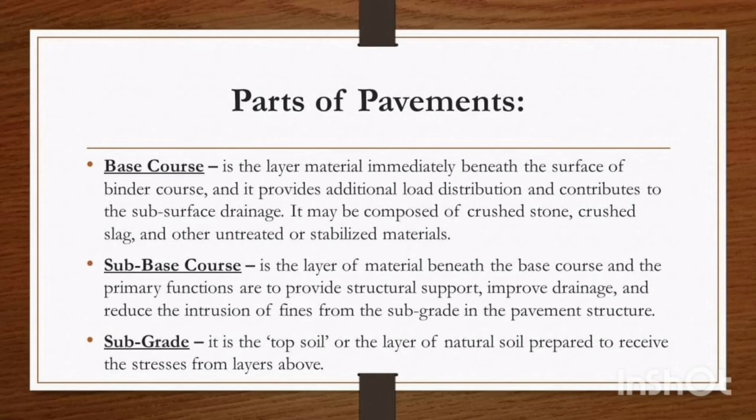It is the layer of material beneath the base course, and its primary functions are to provide structural support, improve drainage, and reduce the intrusion of fines from the subgrade into the pavement structure. And the last one is the subgrade. It is the topsoil or the layer of natural soil prepared to receive the stresses from the layers above.